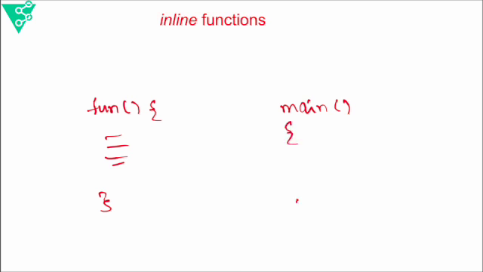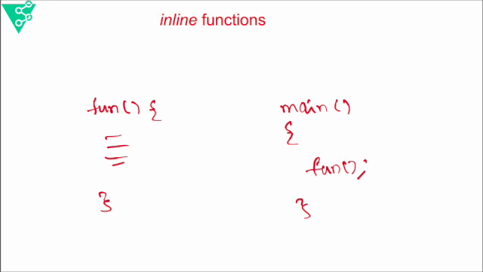Let us dive in. We know functions and how they get called, and there is a cost associated with it, right? So when you have a function called, say, fun, and it has a definition, be it a member function or a regular function outside of the class, and then from elsewhere, say from main, you call this function.